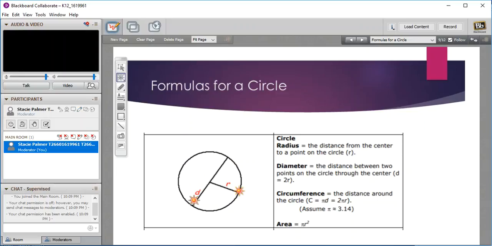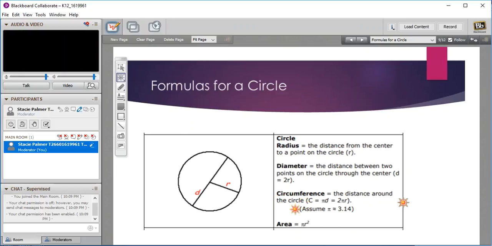So we know that the diameter is 2 times the radius. So whatever the radius is, so like from the center to the outside, we know that the diameter is double that. We know that the formula for finding circumference is 2 times pi times radius, or you could say pi times diameter, because we know that 2 times the radius is really just the diameter.